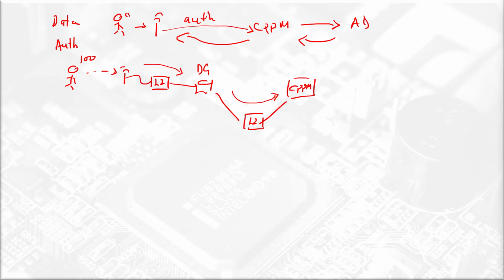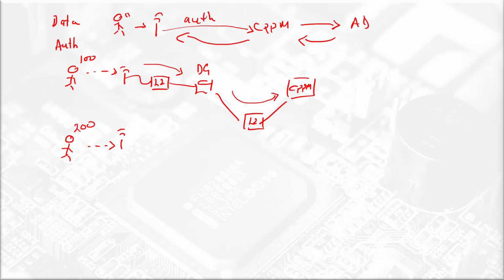So that authentication traffic will reach ClearPass. Authentication happens. This user has now been authenticated. What happens next? Next is the data. So data will need to flow. Assume, say for example, we have two users. These two users might be in the same VLAN or different VLANs. It doesn't matter. Let's say in different VLANs, and again connected maybe to the same AP or a different AP.